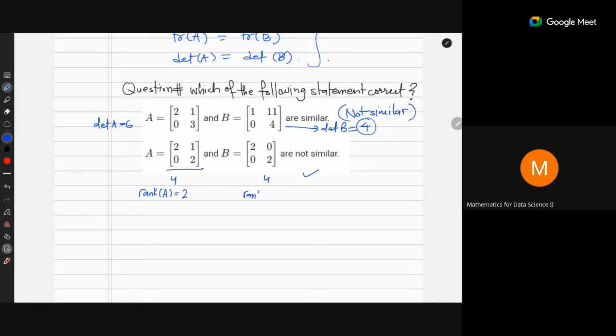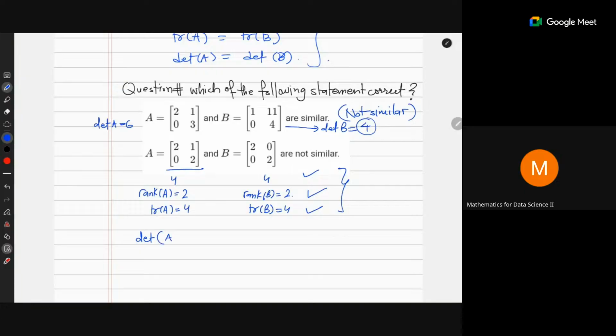Rank of B is also equal to 2. So rank is also matching. What about the trace? Trace of A is 4. Trace of B is also 4. So the trace is also matching. So all these three conditions are matching. They strongly suggest that they are going to be similar matrices, but we cannot confirm yet. So let's find out the polynomial.